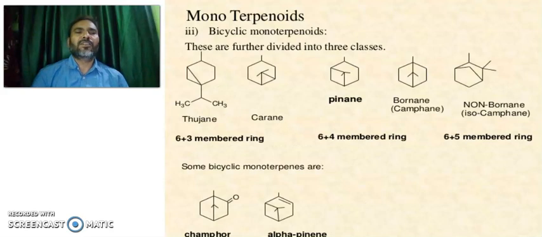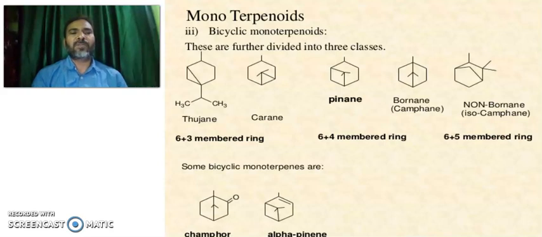Now friends, bicyclic monoterpenoids. You can see these are further divided into three classes. You can see thujane, carane, pinane, bornane, camphor, norbornane, bornane, camphane, and norbornane, isocamphane.